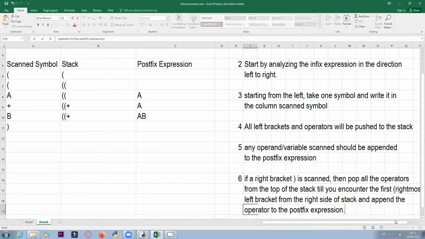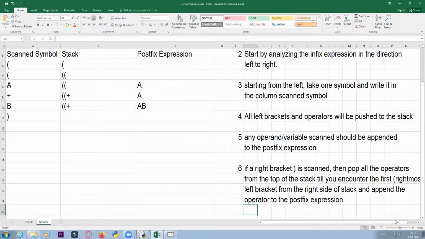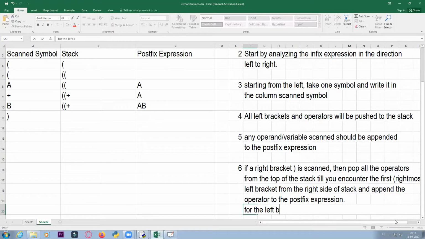And for the left bracket, nothing should be done. For the left bracket, do not append it to the postfix expression. So the leftmost bracket need not be appended back to the postfix expression.